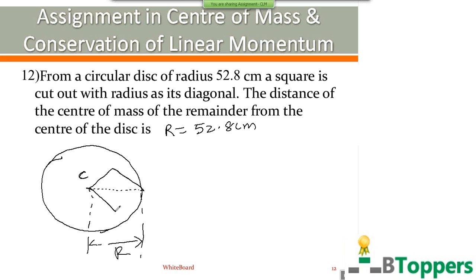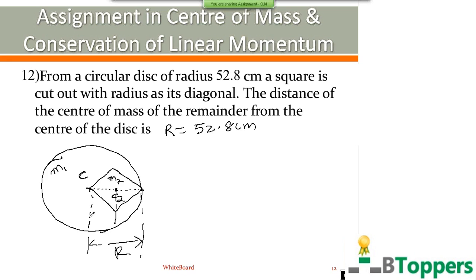Now a square piece is cut out from it. Let M1 be the mass of the remaining plate. Let M2 be the mass of this square piece which is cut out. C2 is the center of mass of the square piece, which will be at the center of the square piece.